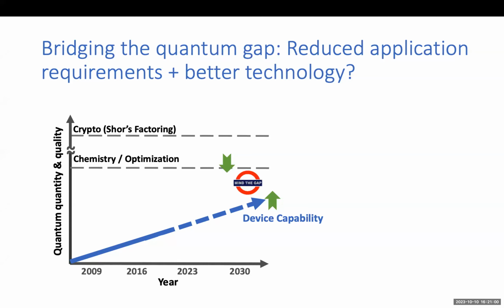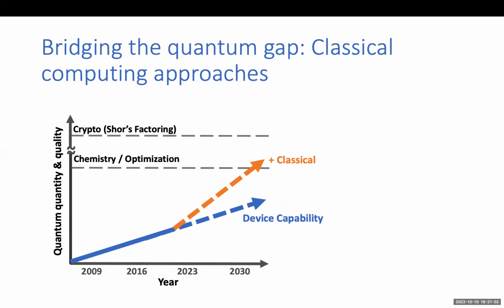But that alone is insufficient to close this entire gap. So what I'm pursuing, and what has become more prominent in the past 10 years, is to see if we can use classical computing approaches, which broadly encompasses existing techniques in the classical world, or techniques inspired by things which have been honed over many years in classical computing, to help bridge this gap.